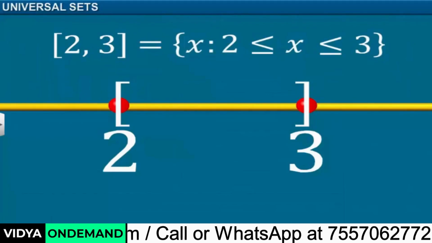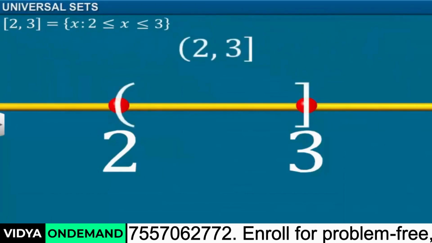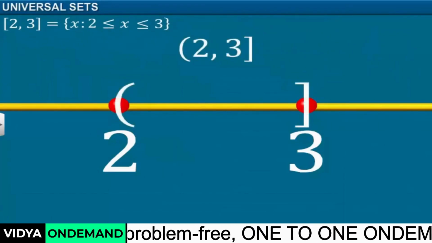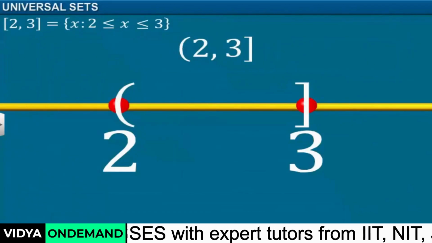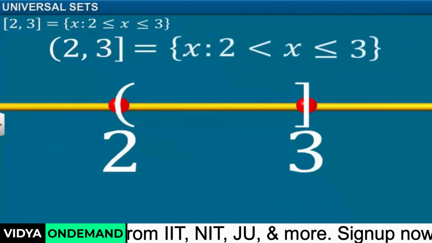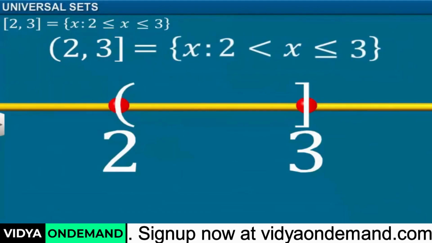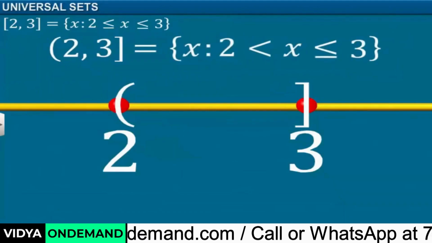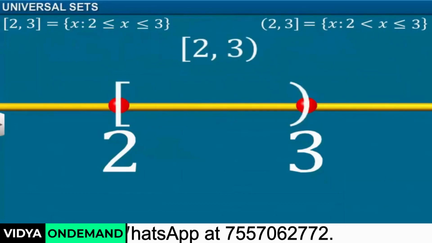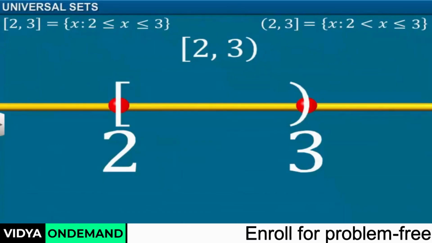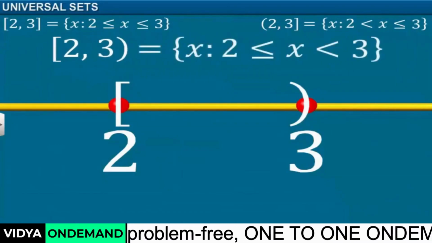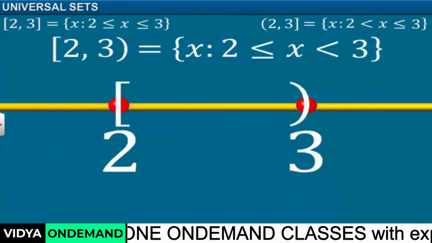The second interval is all the numbers within the interval 2 and 3, excluding the number 2. This is represented in set builder notation as shown. The third interval is all the numbers within the interval 2 and 3, excluding 3. This interval is represented in the set builder form as shown.